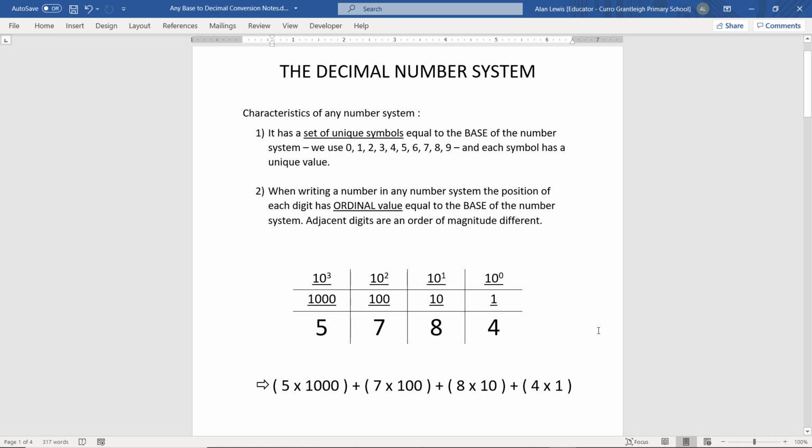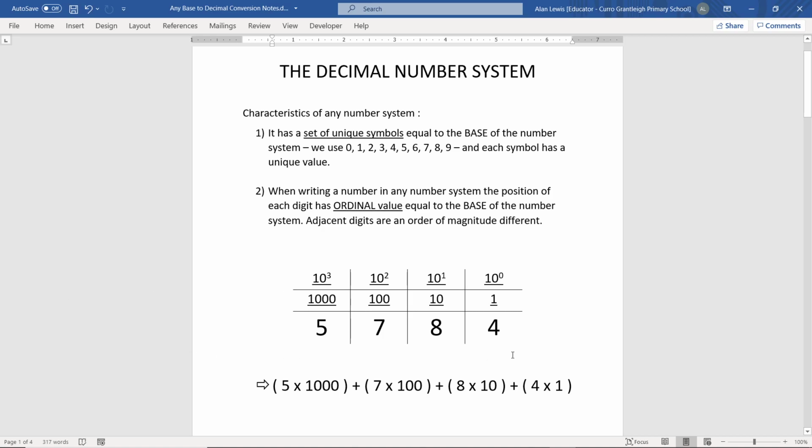So let's have a look at that. We break it down into its pieces. This is something you did in junior school, so this should not be new. You see here we have the ones column, here we have the tens column, here we have the hundreds column, here we have the thousands column, and obviously this would go on and on.